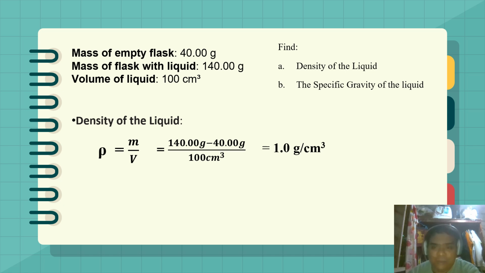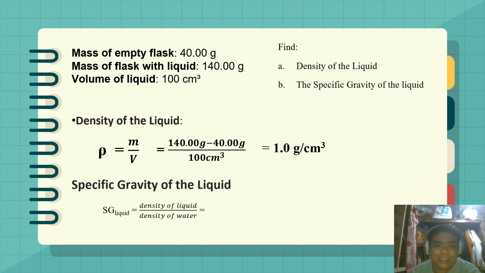That will give you 1.0 gram per cubic centimeter. Now the specific gravity of the liquid is the density of the liquid over the water. So this will cancel out. So 1 over 1, that will give you 1.0.